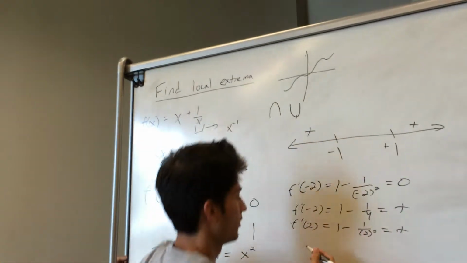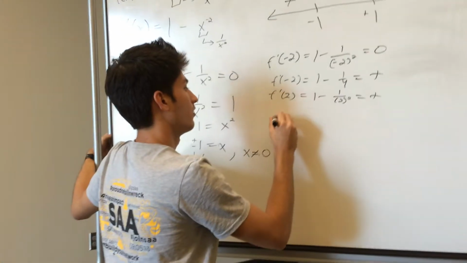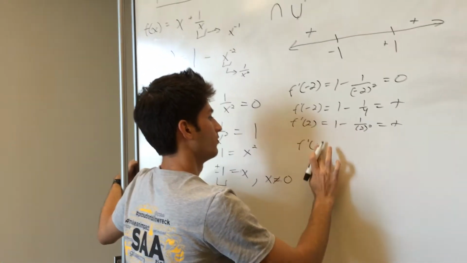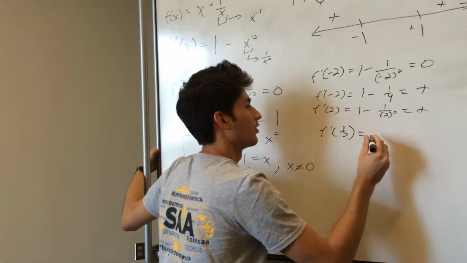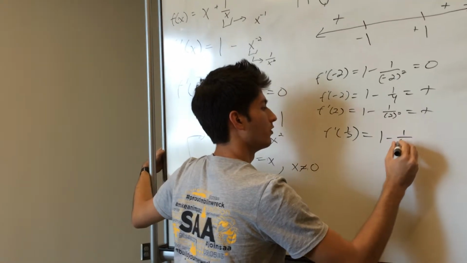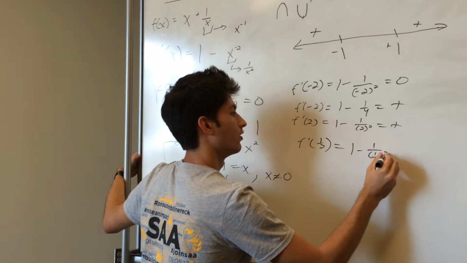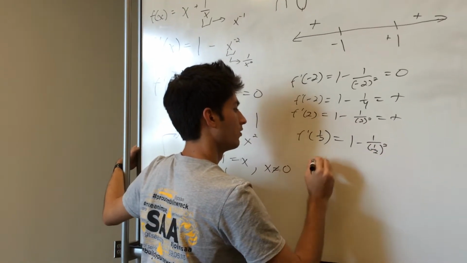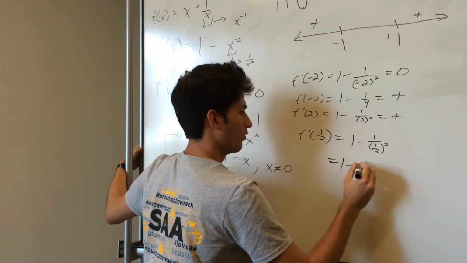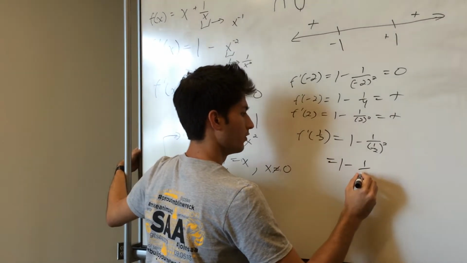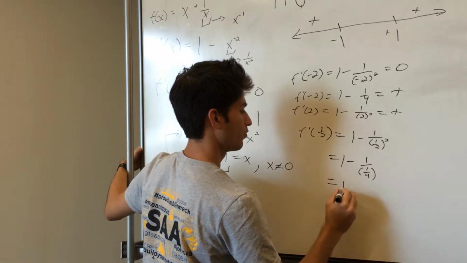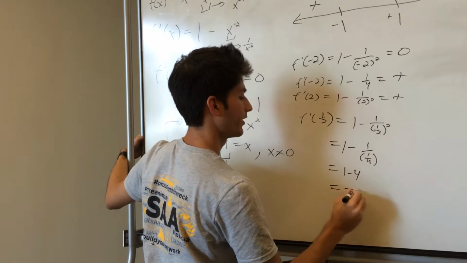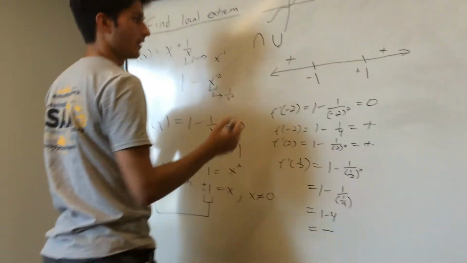So we'll pick 1/2: 1 minus 1 over 1/2 squared equals 1 minus 4, which gives us a negative value, negative 3.